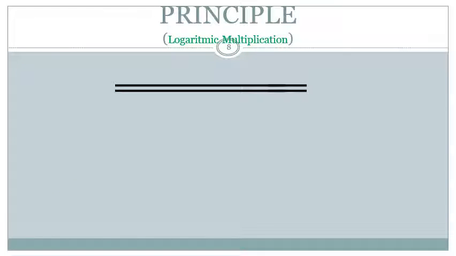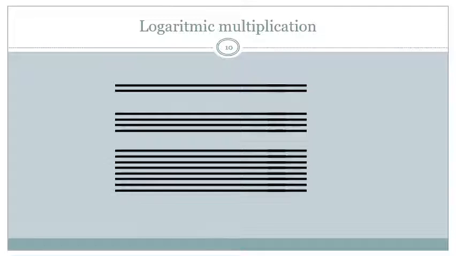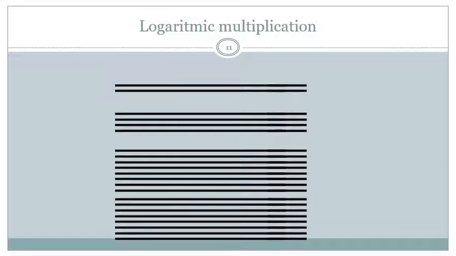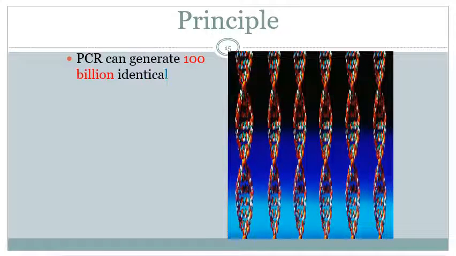So there is a graphical approach to explain the PCR procedure. Logarithmic amplification: there are two DNA segments, and after each round of the cycle, they become 4, 8, 16, 32, 64, and so many more.